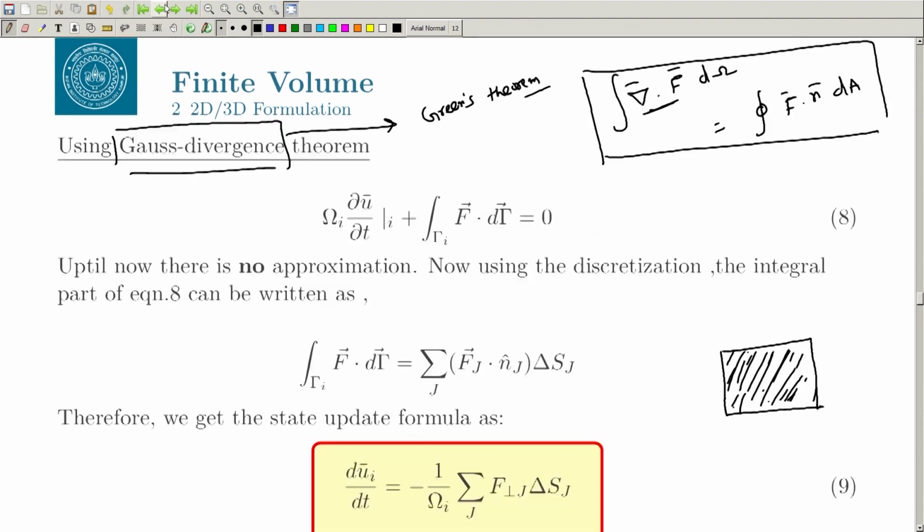So this is my normal in this direction, this normal in this direction, and this normal in this direction, and the normal is outward.